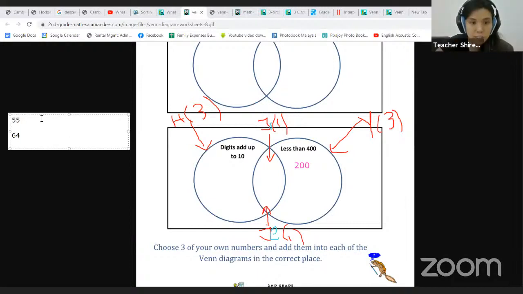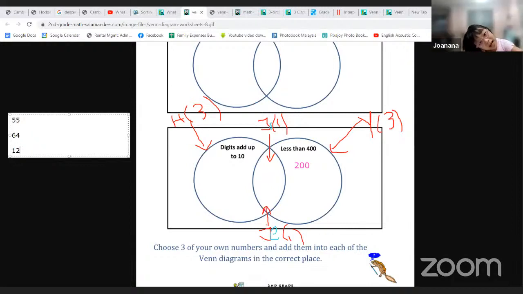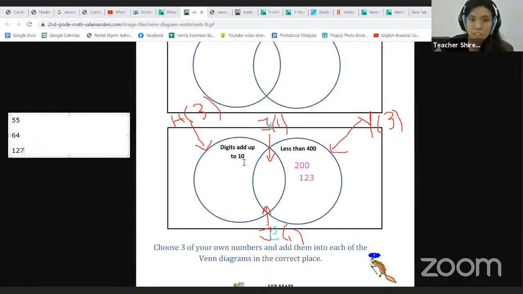Very good. Let's say 1 plus 2 plus what becomes 10? Plus 7. That's right. All these are digits that add to 10. Got it? Okay, I know already.